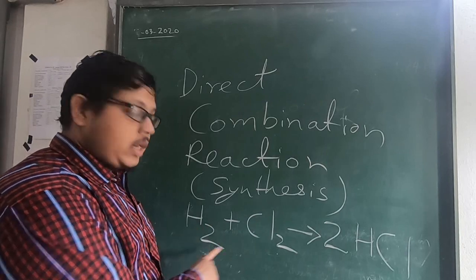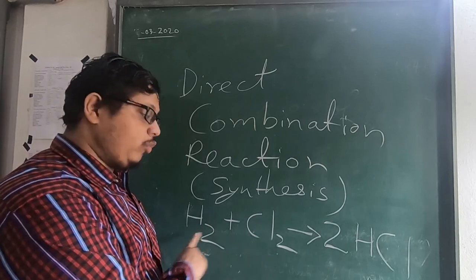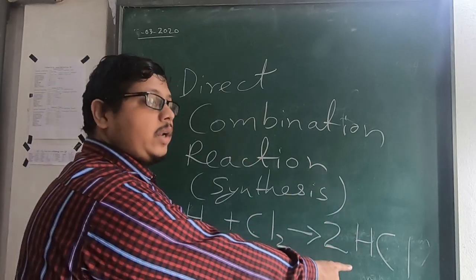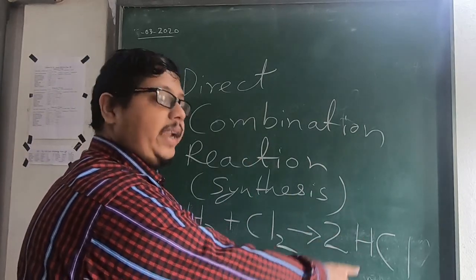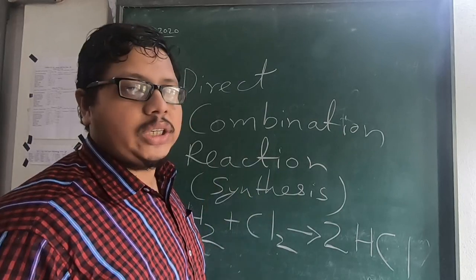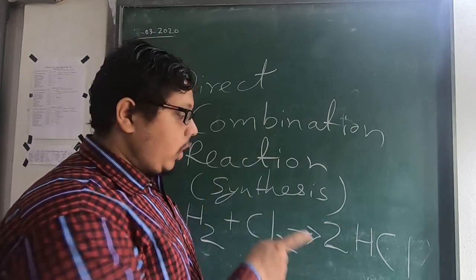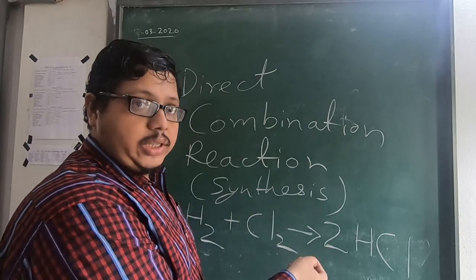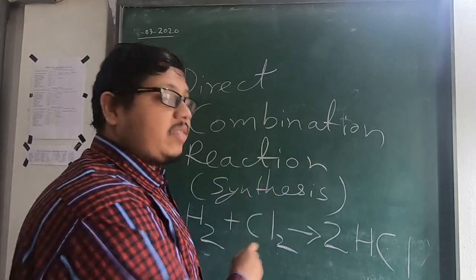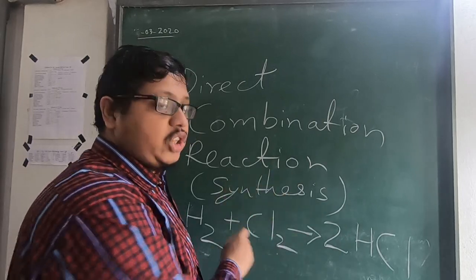Between hydrogen and chlorine, both of which are gases, and another gas is formed, that is our hydrogen chloride gas. However, this reaction is not without any energy. For this reaction to take place, we must give some energy.